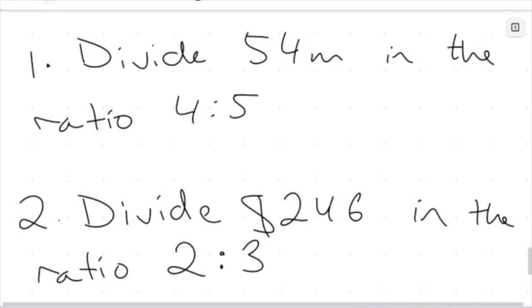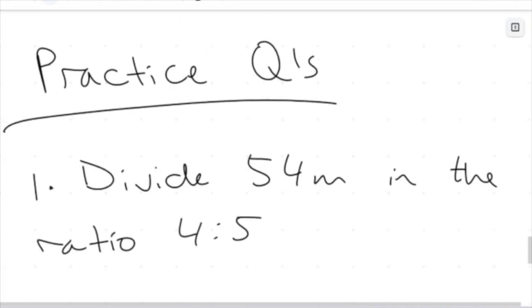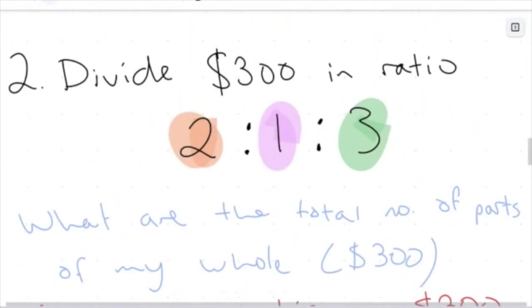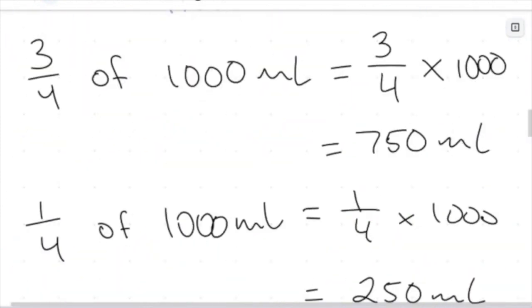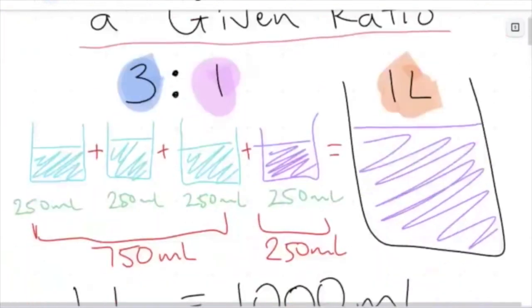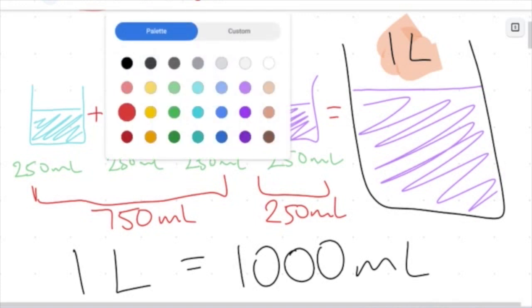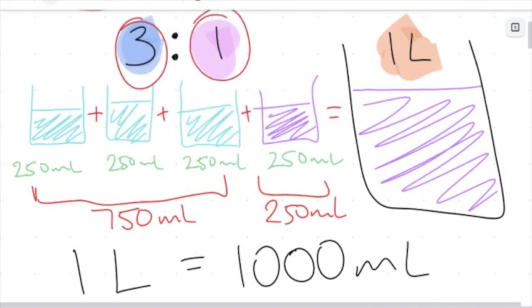So when given some whole quantity that's getting split up, so for example in this question 300, or in the previous example I gave, this quantity of 1 liter, when we split it up into some ratio, we can find how much of my whole was taken up by each of those elements in the ratio.